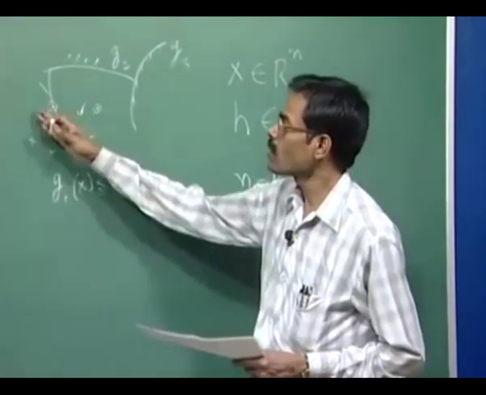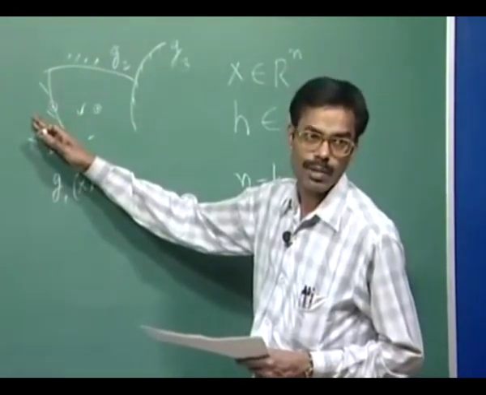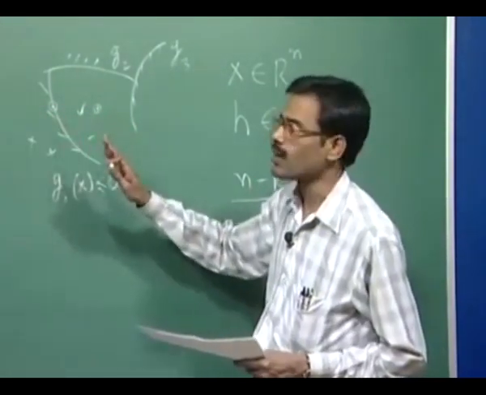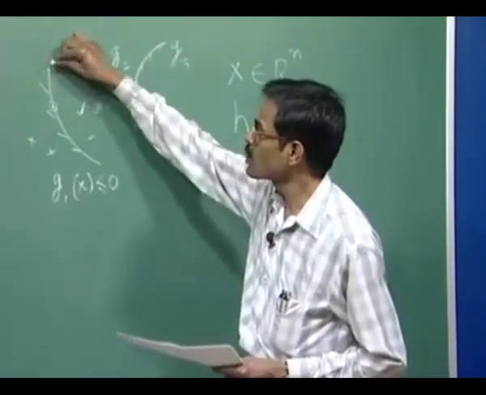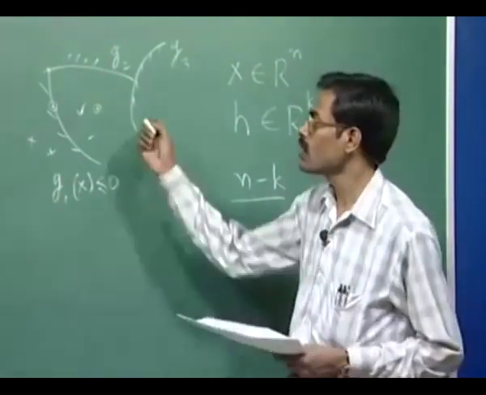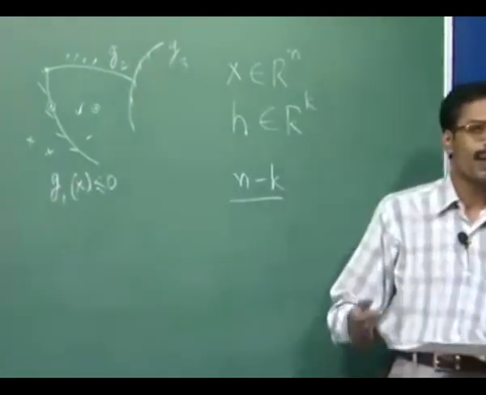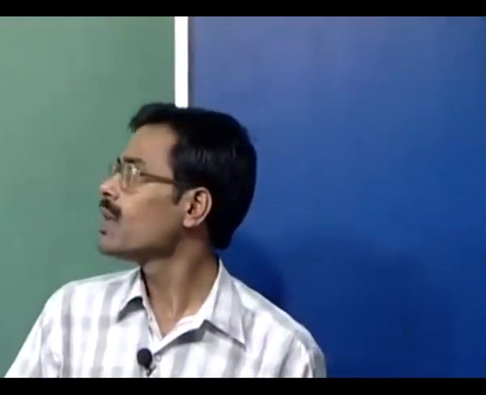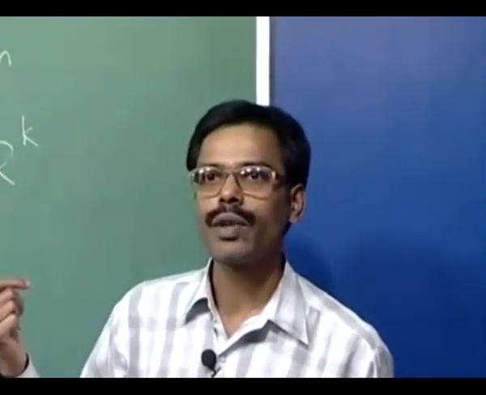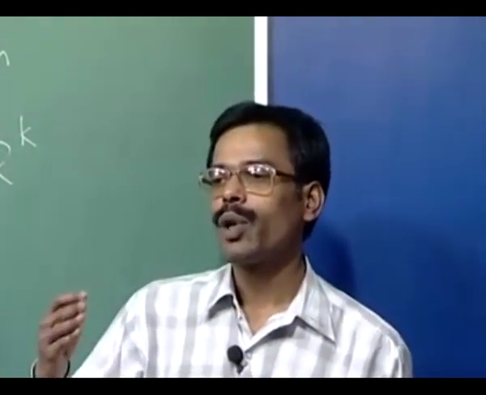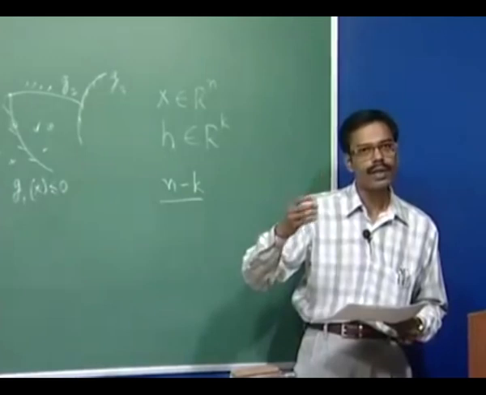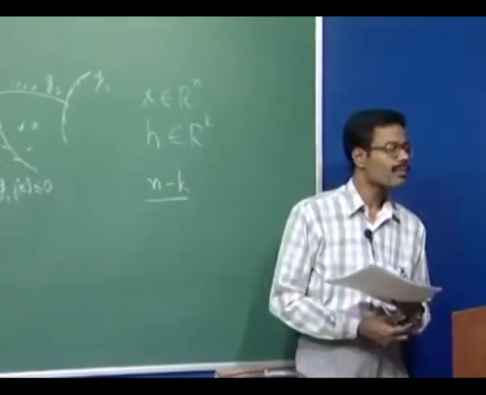On the other hand, there are some directions along which g1 will be violated. So, g1 is an active constraint, g2, g3 are still inactive. At this point g1, g2 both are active constraints, g3 is inactive, and so on. So, when a particular constraint is active, that means the value of the corresponding constraint function is 0. That means, so far as that constraint is concerned, the point is on the boundary of the feasible domain.